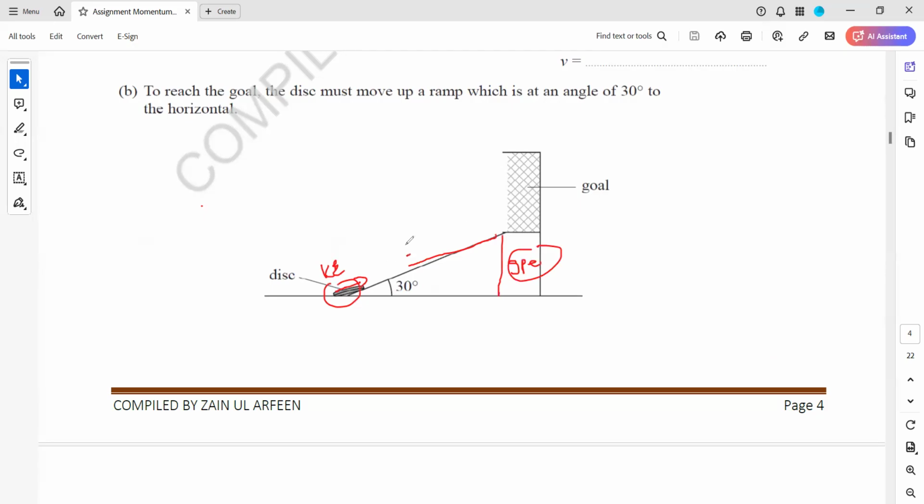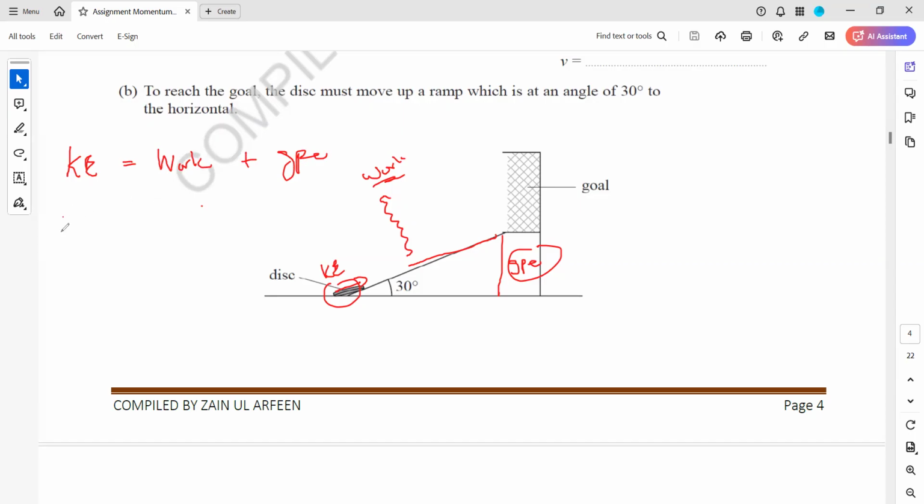And because there's some friction, some of the work is done against the friction. So using the principle of conservation of energy, the kinetic energy will equal the work done against the friction plus the gravitational potential energy.